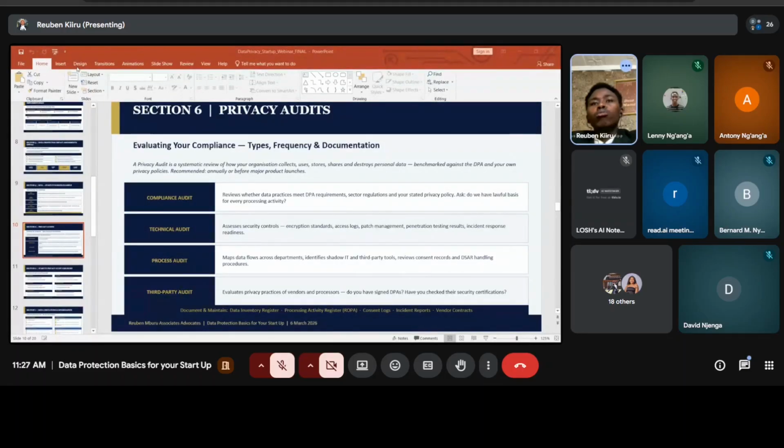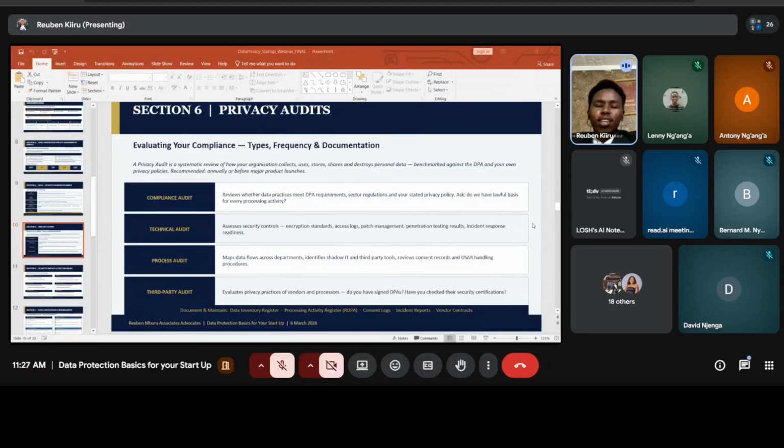So you need to benchmark the process within your privacy policy against the actual process in how you're doing things. Review whether it meets the Act's requirements, the regulations of the sector, and the privacy policy. So ask yourself, are we processing this data lawfully? Is our process undertaking purpose limitation? Is it aligning with the principles of data collection? Are we adhering to the rights of these people?